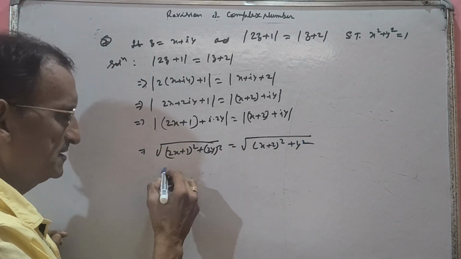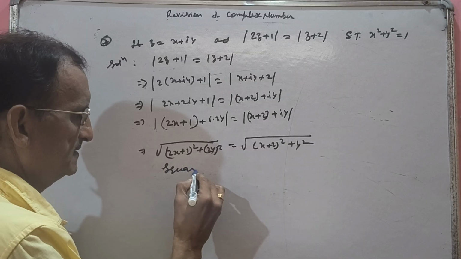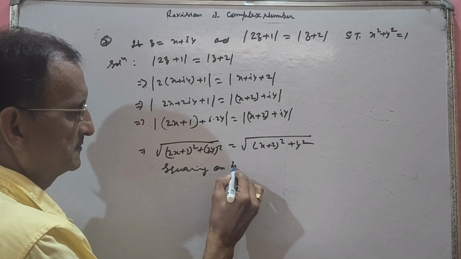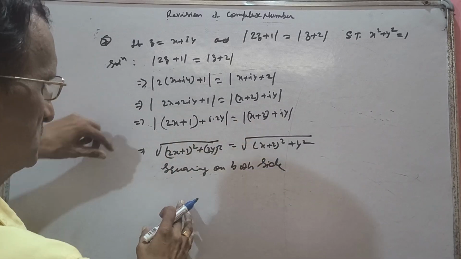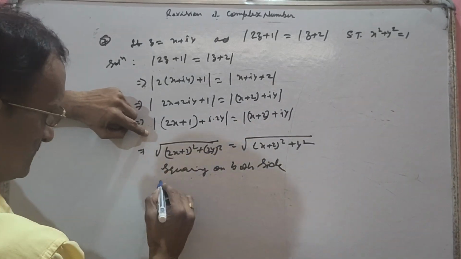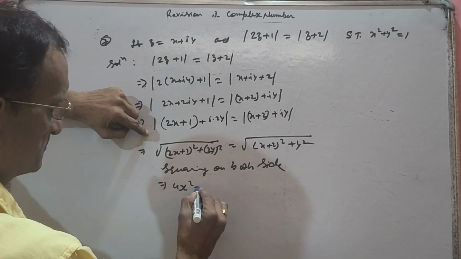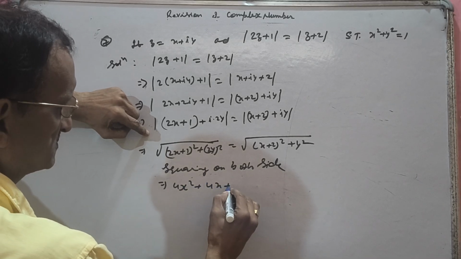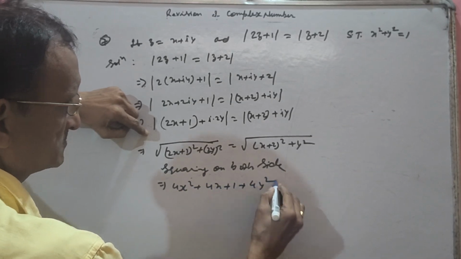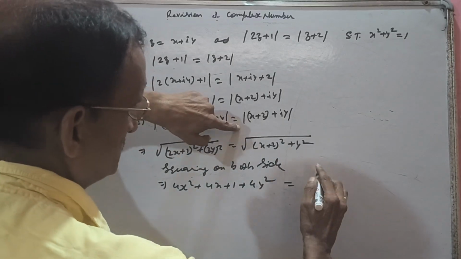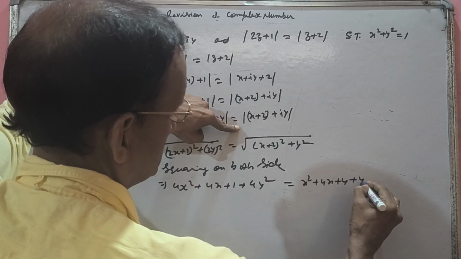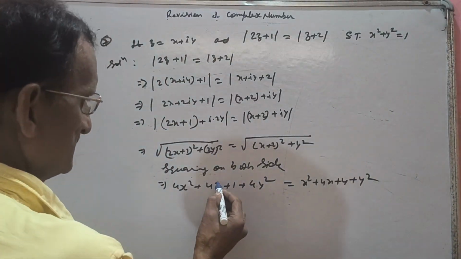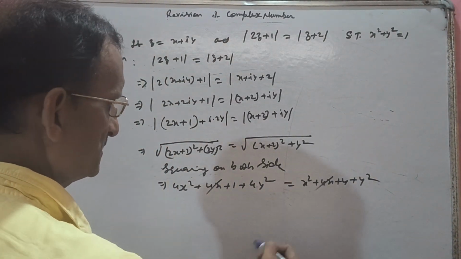To remove the root sign, what will we do? Squaring. So the root sign will be removed, and by the a plus b whole square formula, how much will we get? 4x square plus 4x plus 1 plus 4y square. And here, removing the root sign, we get x square plus 4x plus 4 plus y square. Can we cancel 4x on both sides?